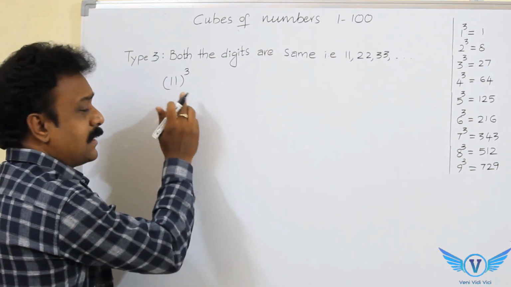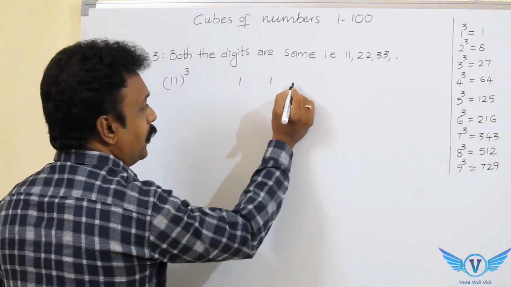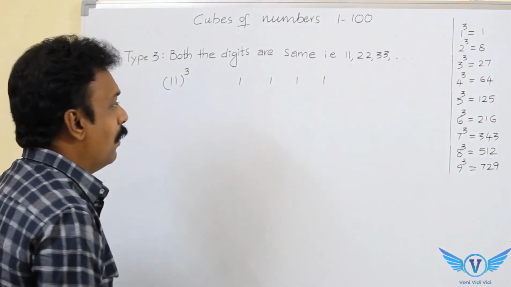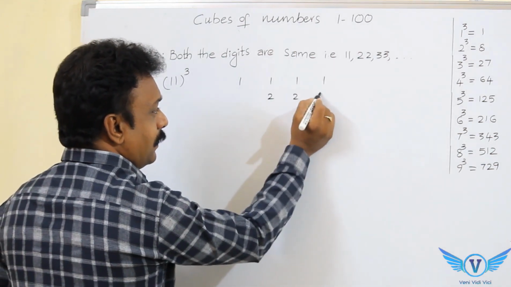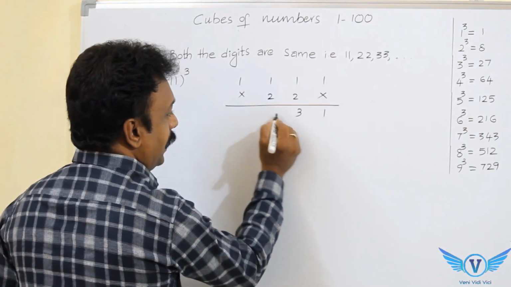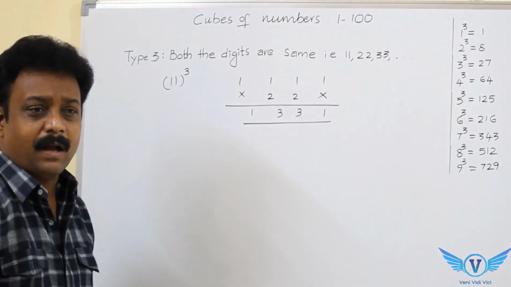Here both the digits are same, so we will write the cube. 1 cube 1, 1 cube 1, 1 cube 1, 1 cube 1. We will write like this. And now double this number, double this number. Add these 2, 3, 3, 1. So 1, 3, 3, 1 will be your answer.